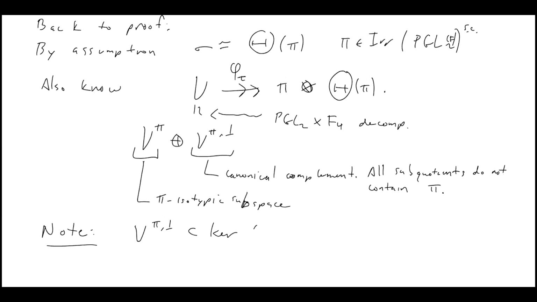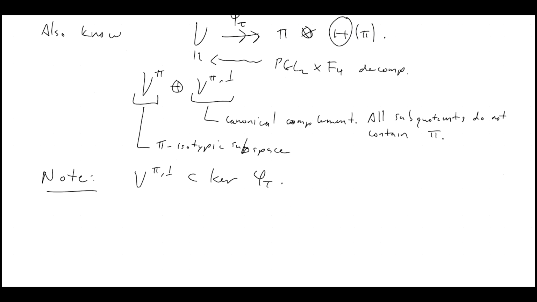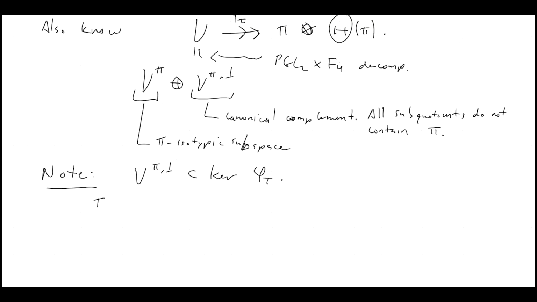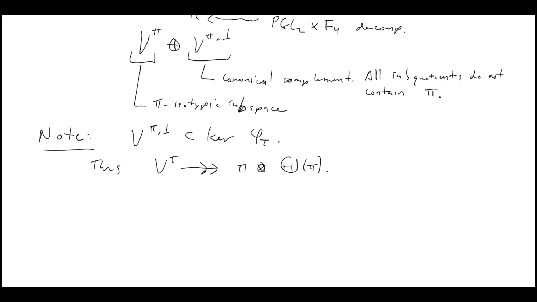So as a consequence of that, the tau isotypic subspace, this is actually enough to get a surjection onto the maximal tau isotypic quotient. All right, but this tensor product, as I just said, is the maximal pi isotypic quotient.